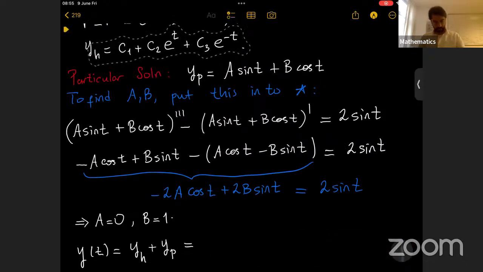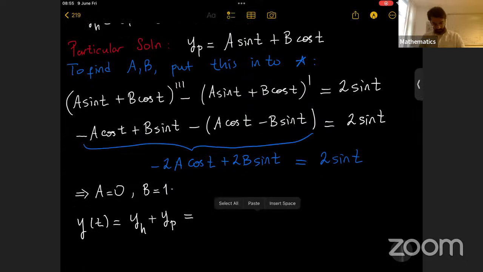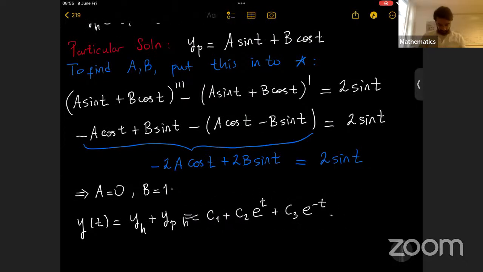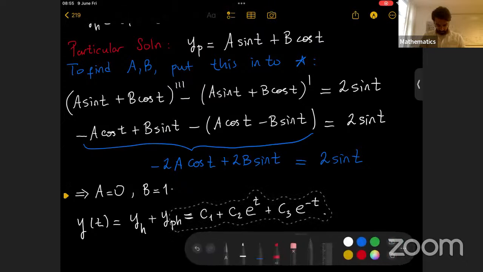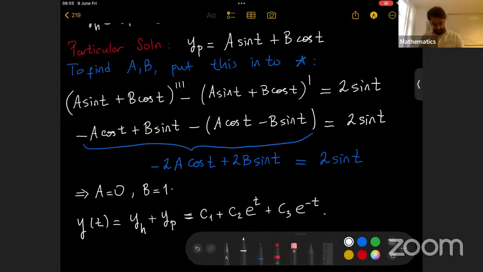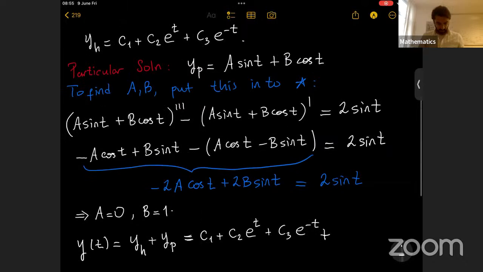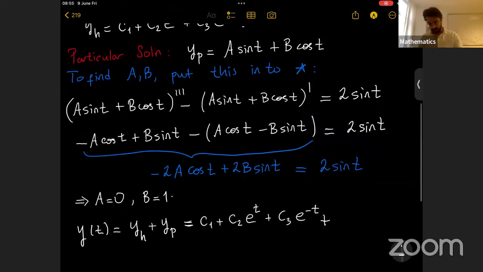This is the homogeneous part, plus the particular solution, now a is 0, b is 1, so it's basically cosine t. That's it. So this is the first way to solve it.